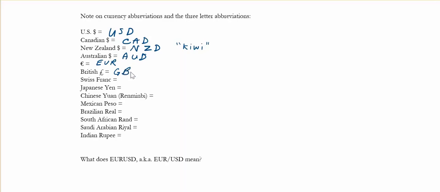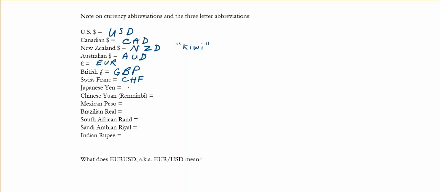The British pound, now that could be lots of things because we have the UK, England, Great Britain. We use GB for Great Britain, so Great Britain pound. Swiss franc is a very important currency, and that one is not so intuitive. F for franc, but Switzerland is abbreviated CH because of language. And I looked it up once on why Switzerland is abbreviated with CH, and it makes sense when you look it up.